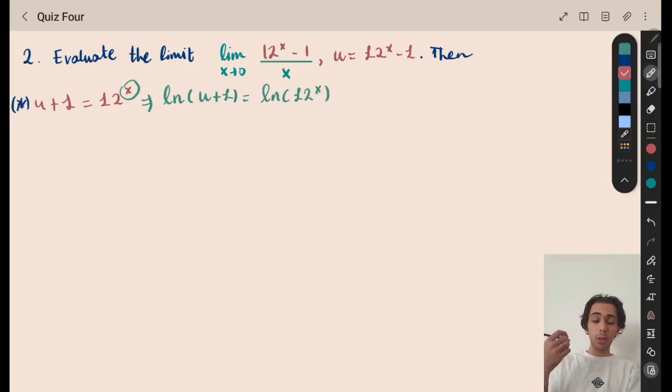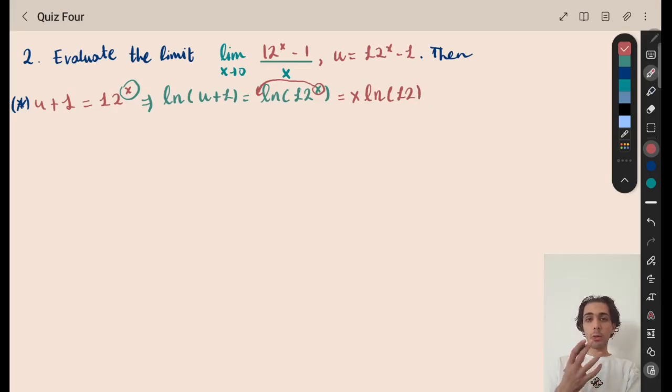And now notice that it is a feature of the logarithmic function that we can take this exponent and place it as a coefficient of this ln function, which is precisely what I'll write down now.